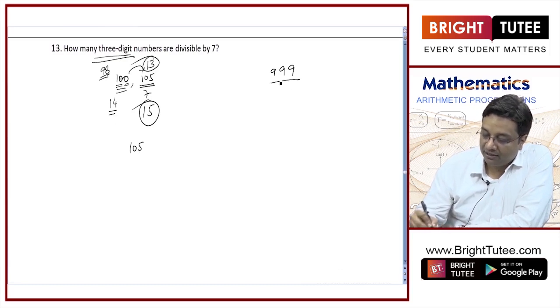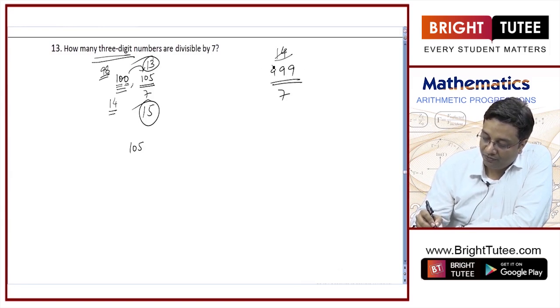So let's look at the last term which is divisible by 7. 999 when divided by 7 will give me 5 as remainder, right?